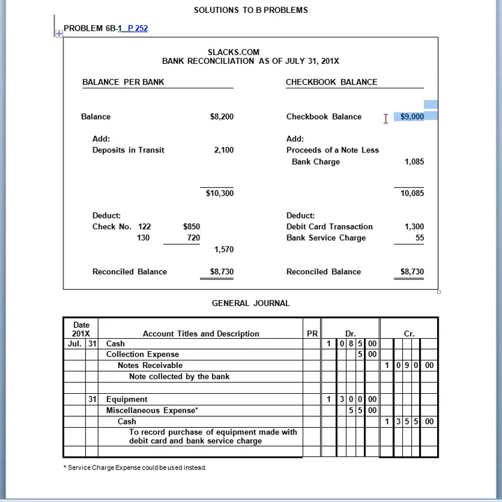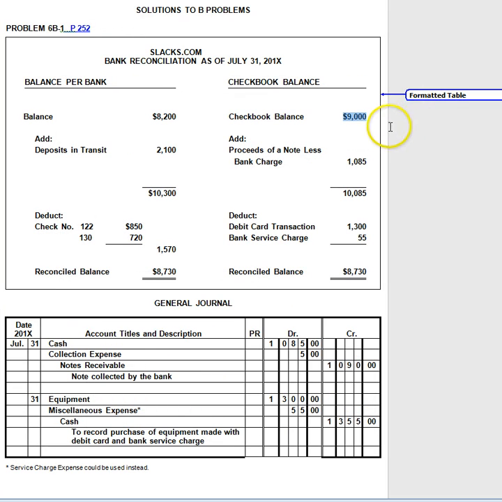We might have dropped it off in the night deposit box and it hasn't got credited to our account for the period ended July 31st, or we just haven't got around to depositing July 31st cash receipts. But the bottom line is we recorded the cash receipts, so that if we've got the $2,100 already included here, then we have to keep going.